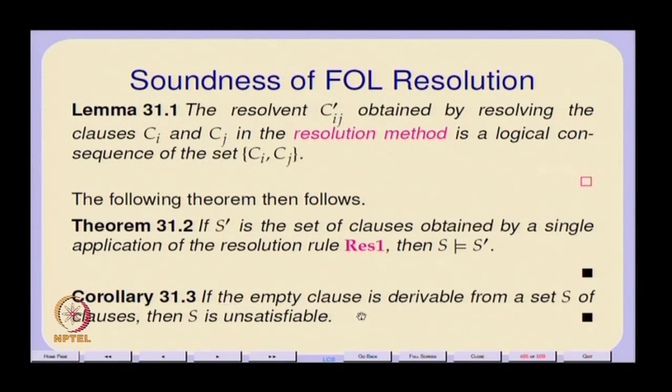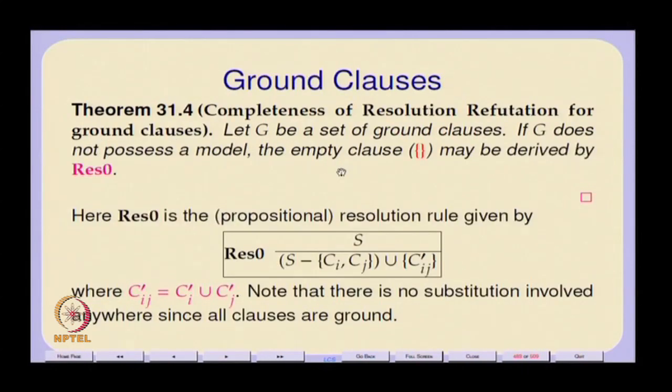And if the empty clause is derivable from a set S of clauses, then S is unsatisfiable, and this is what is known as a refutation, if you like. So one of the things that we proved was this theorem for completeness of resolution refutation for ground clauses.